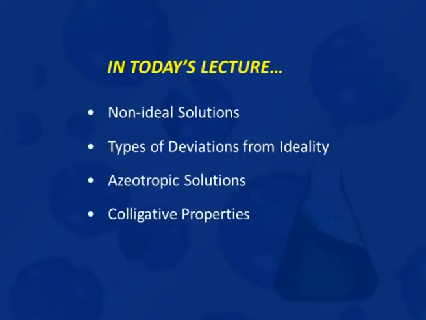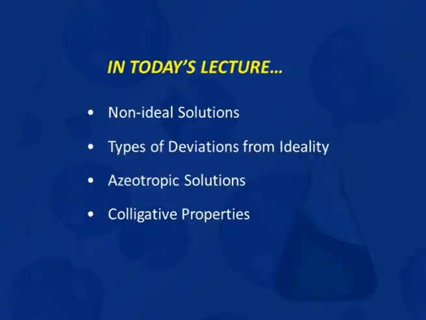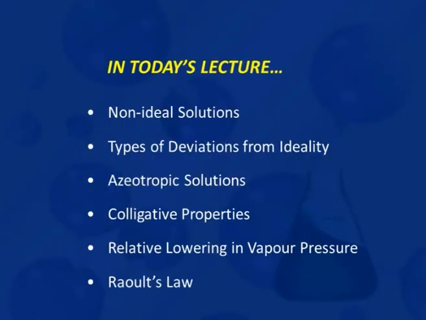Colligative properties: we defined colligative properties and discussed one colligative property, that is relative lowering in vapor pressure, and derived a relationship for Raoult's law for dilute solutions. In our next lecture, we will take some other examples for better understanding of Raoult's law and experimental measurements of relative lowering of vapor pressure.